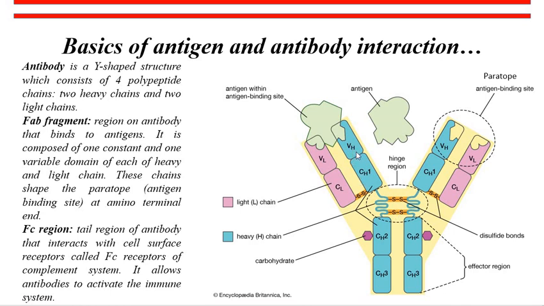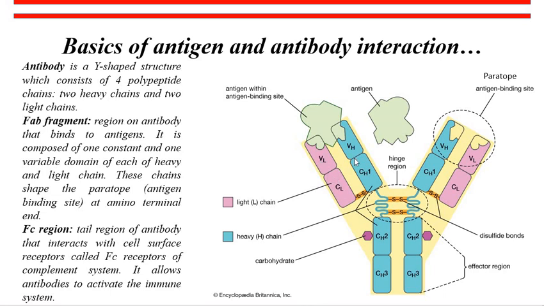In VH, H stands for heavy chain and V stands for variable, while C stands for constant. The heavy chain has 4 domains, VH, CH1, CH2 and CH3, while the light chain has 2 domains, VL and CL.